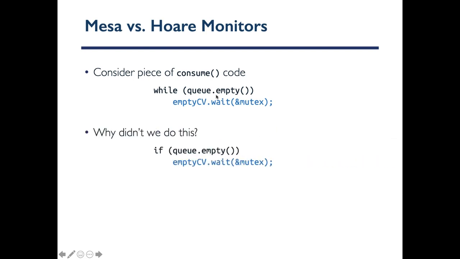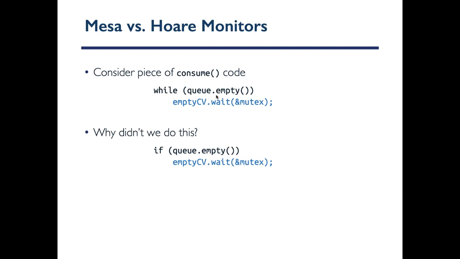Now, you might say, why do I need to check this condition again? I once checked it and it was empty and I woke up. So it means that somebody put something on the queue, so I should be able to get it. And the answer is, well, it depends. It depends on what kind of monitor you're using.